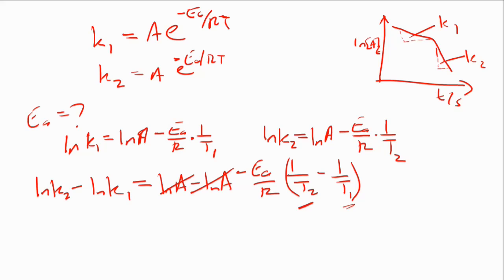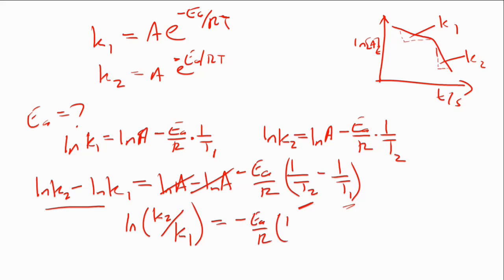So you'll end up with this part over here. You could fix it a little bit, so it looks a little bit more interesting, ln, as well as you could leave it. It's not a big deal. ln k2 over k1, yes? Because of course we know a log difference is the same thing as a ratio, is minus Ea over R. Like I said, you could flip these two around, and so you could get rid of that negative sign.